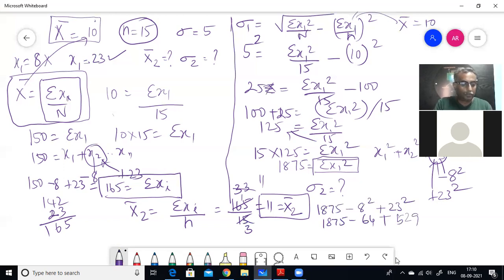So I'm going to use the calculator. 1875 minus 64 is 1811. 1811 plus 529 is equal to 2340. This is the new sigma xi squared.